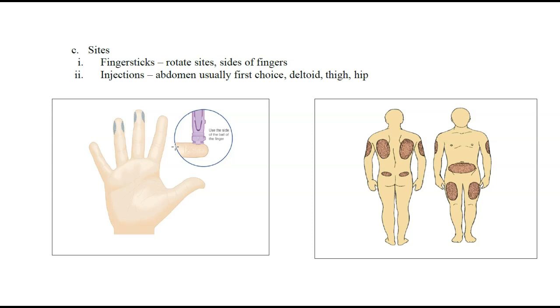When it comes to injection site, obviously we need to choose an area where there's fat, especially if it is a subcutaneous injection. The most common areas used are usually on the upper arm area, so we need to pinch it a little bit so we can make sure that we are injecting it in the subcutaneous tissue. Then abdominal area and thigh area.